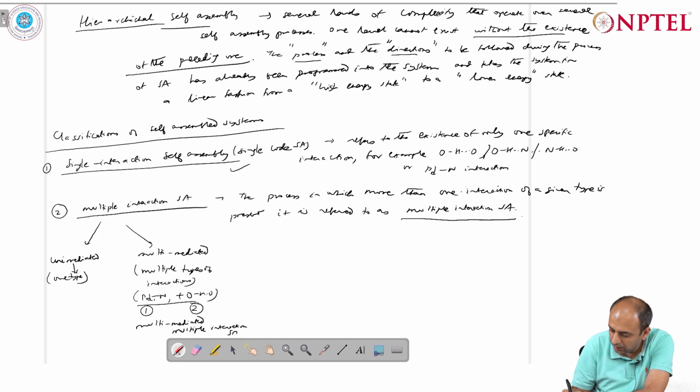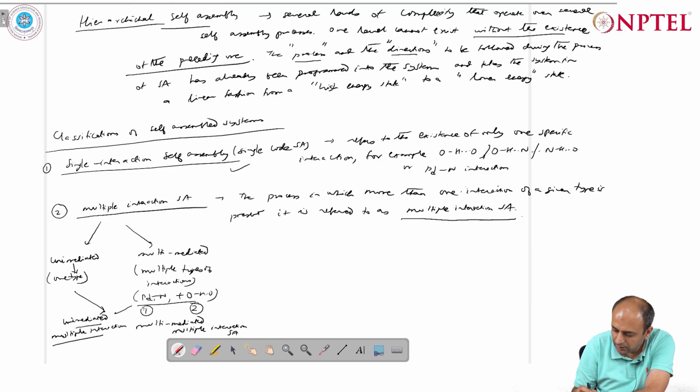And if you have interactions of a given type, but there are multiple interactions of that type, we can call this unimediated multiple interaction.